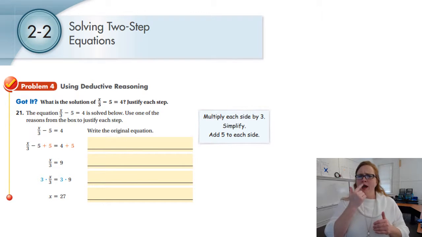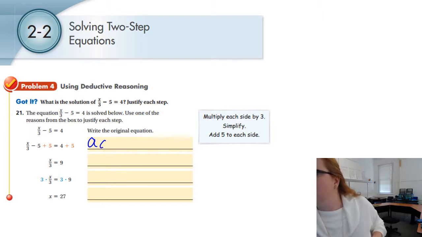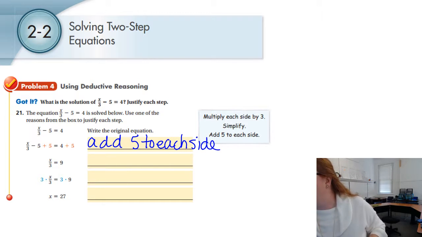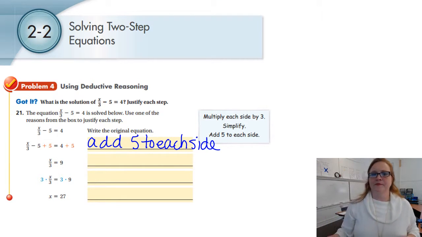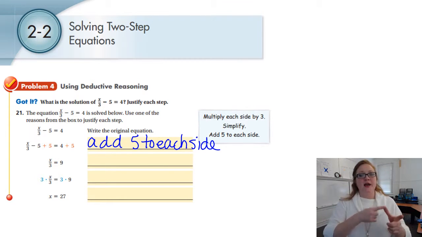Next, in the red, the plus 5 and the plus 5. Which statement from the box would explain this step? Add 5 to each side. After you add 5 to each side, then you need to simplify.